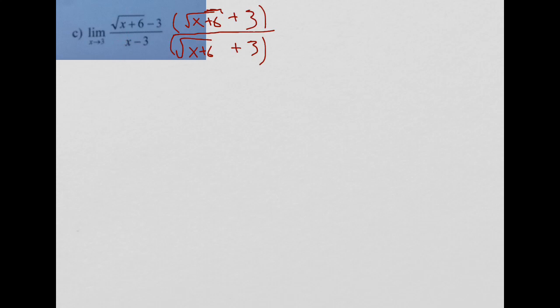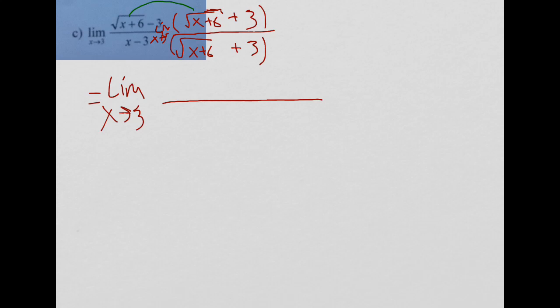I didn't write limit as x approaches 3, and I need to make sure that I do this, and you need to make sure that you do that. So this is the limit as x approaches 3 of, I'm going to actually do the work out here, and you should see what happens. So I'm going to multiply this by this.